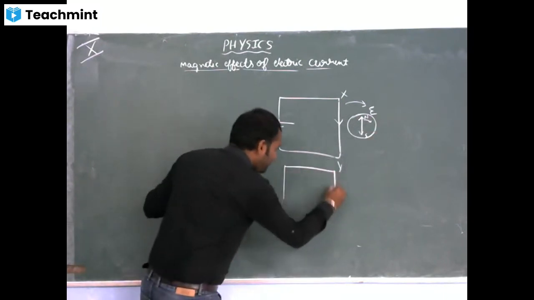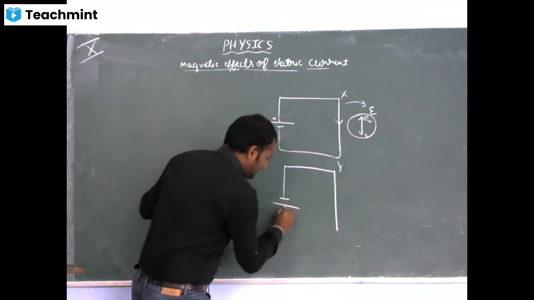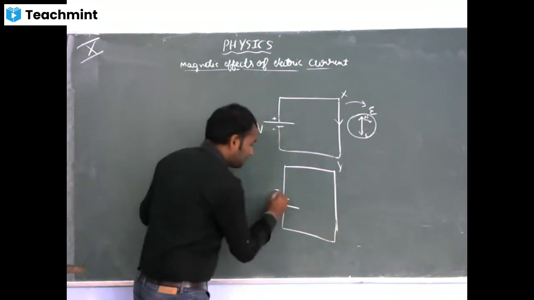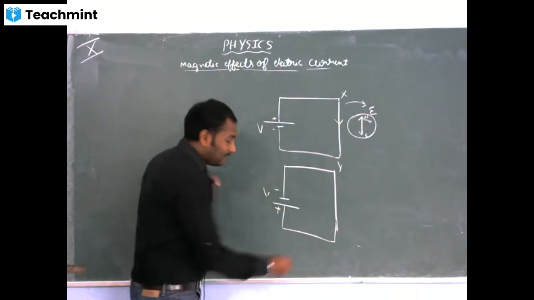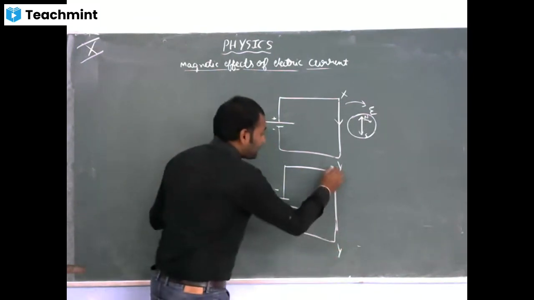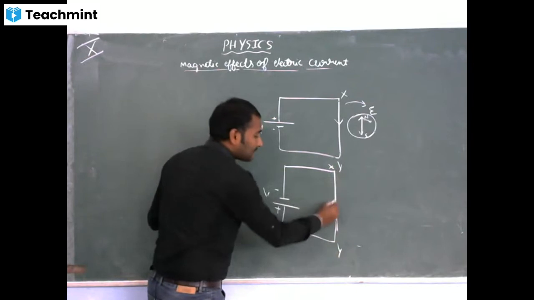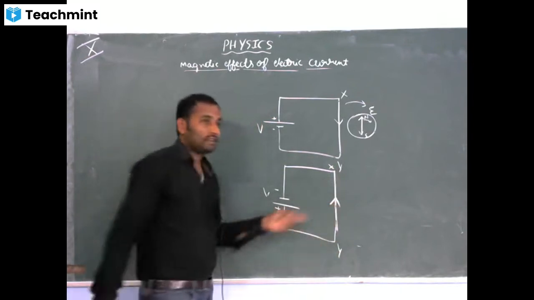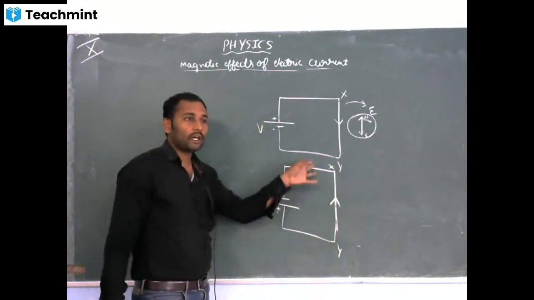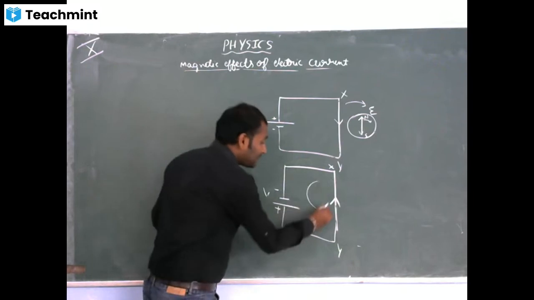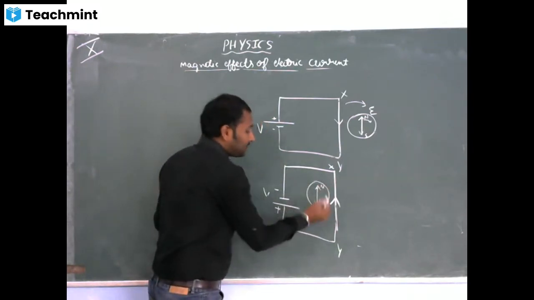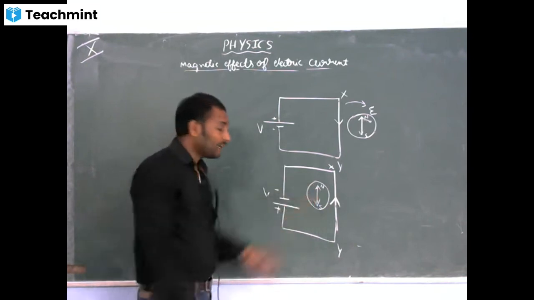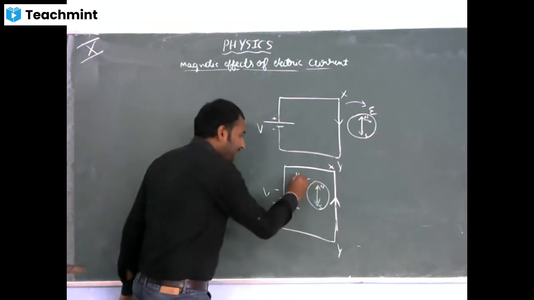If I reverse the direction of current, this is negative, this is positive, so voltage is applied. Now the direction of current is from Y to X, south to north. If the direction of current is from south to north, the needle will deflect towards west.